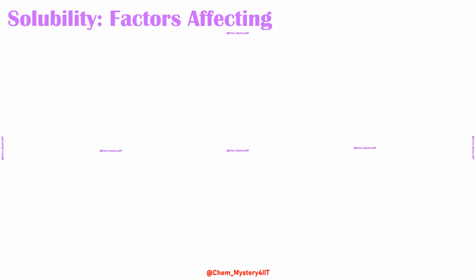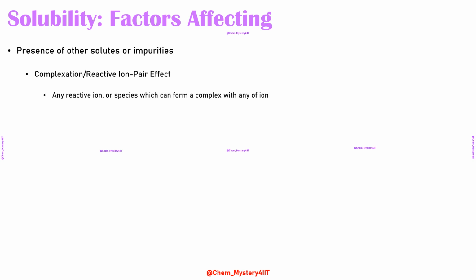Moving on, we have the case of the reactive ion pair effect, or the complexation effect. Whenever we have some complex formation tendency, a number of reactive ions can be present which can form the complex, and if complex formation is taking place, the equilibrium will shift in the forward direction.